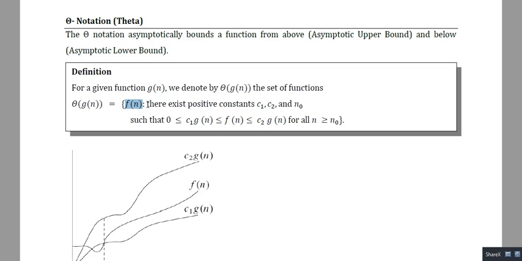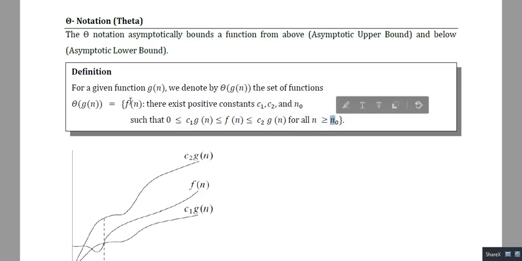This is permitted if f(n) is sandwiched, the value of f(n) is sandwiched between c1 into g(n) and c2 into g(n), meaning the value of f(n) lies between these two things, where c1 and c2 are two constants and the value of this input n is more than some critical value n0.